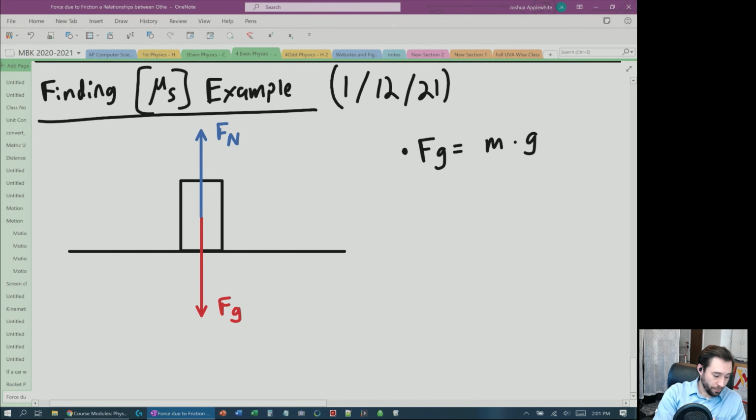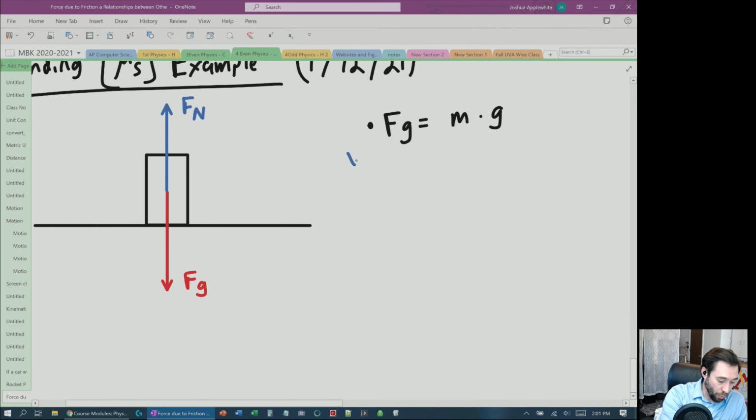Cool? All right. So what that means is, in the y-axis, my net force in the y-axis, remember net force is just when I add up all the forces in the y-axis, I know it is 0 because it's not changing its state of motion in the y-axis.